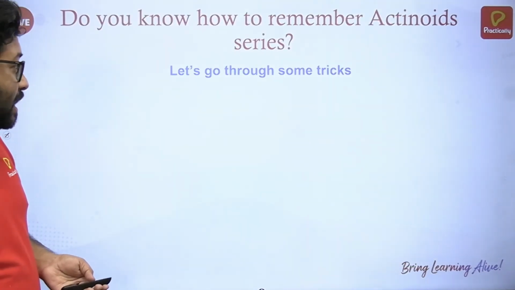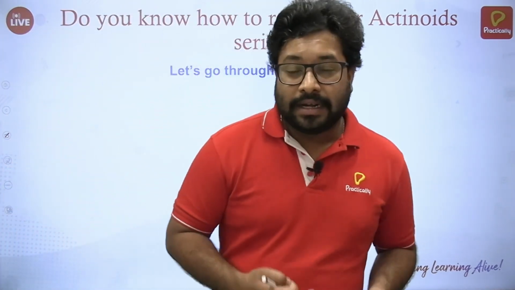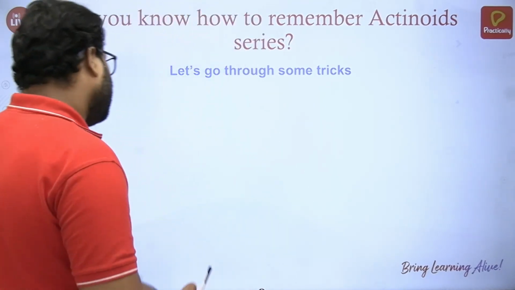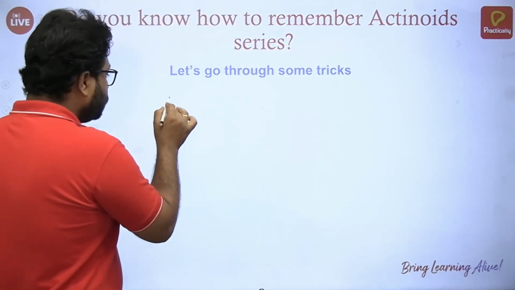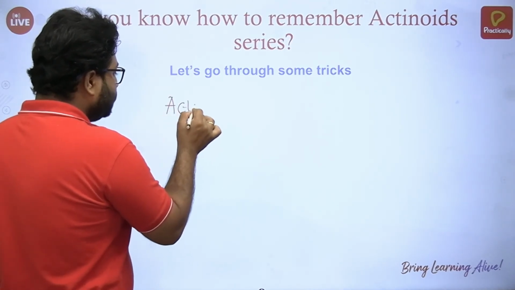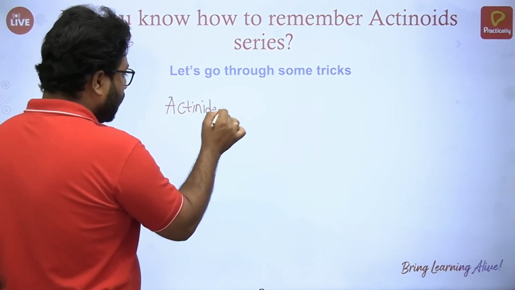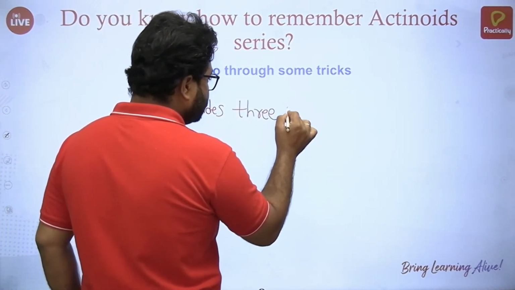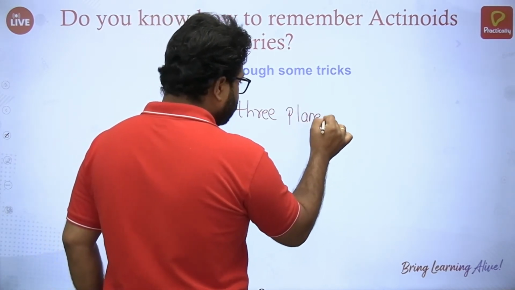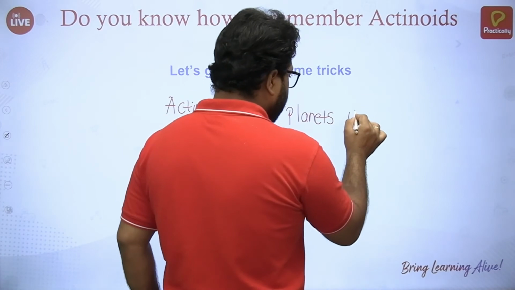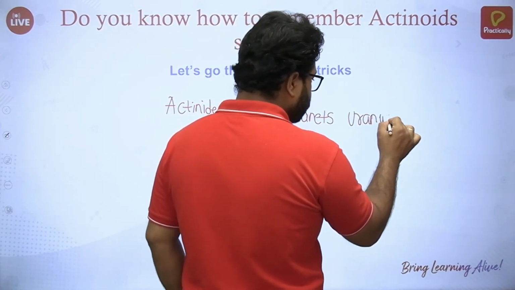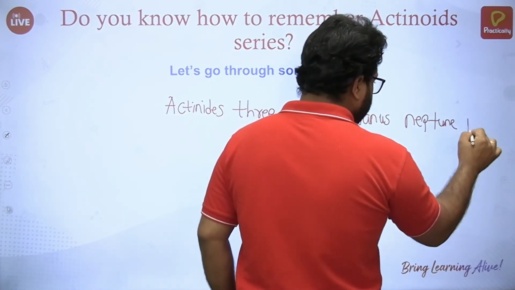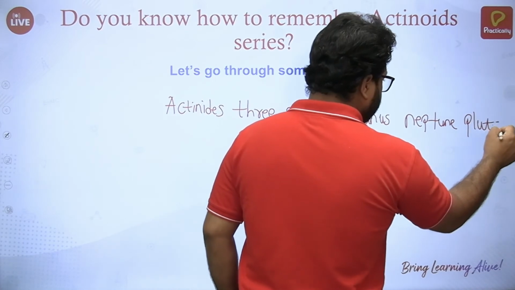Now let's try to remember all the actinide series through mnemonics. How? Let's see. So firstly, we can directly write the actinides, three planets: Uranus, Neptune, and Pluto.